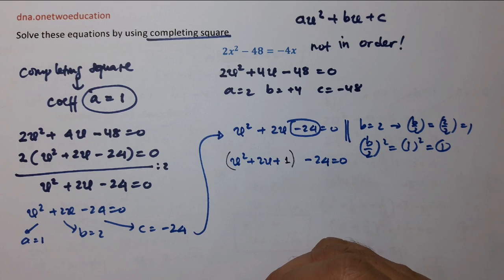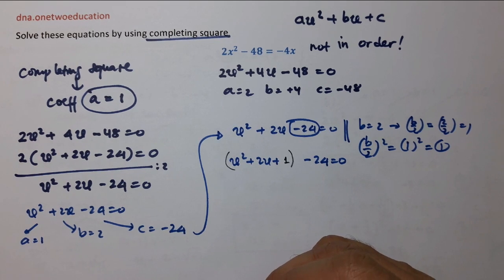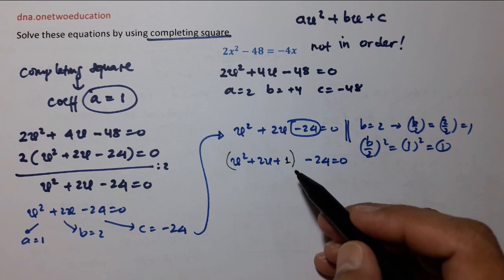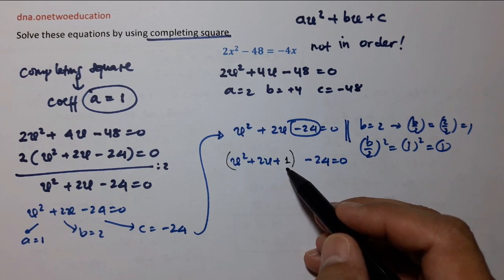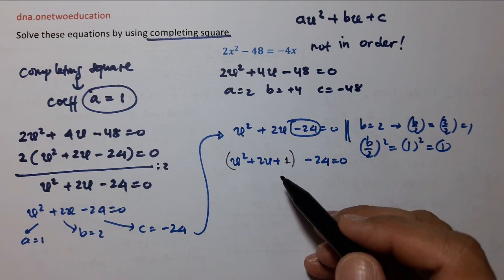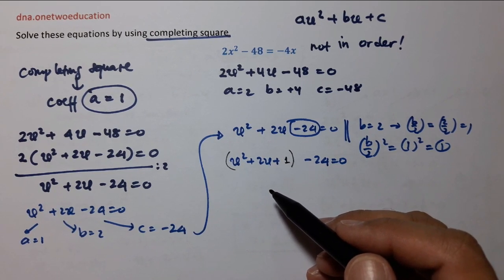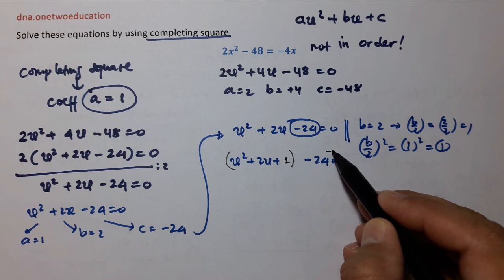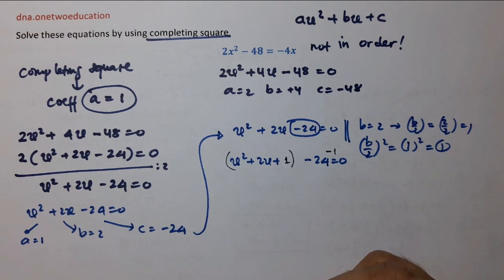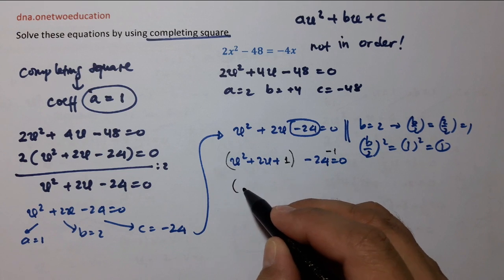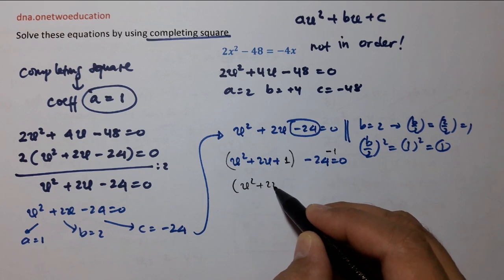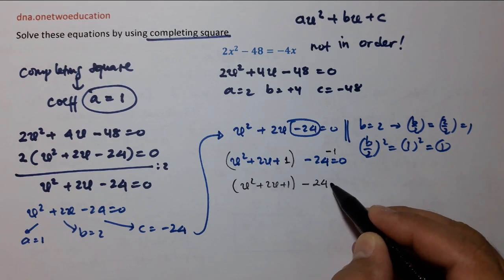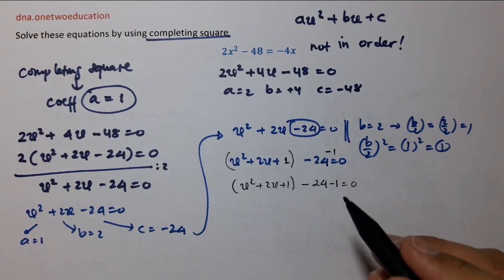And then how to modify the expression without changing the value? Because you put 1 in the bracket, to keep the value unchanged, you have to write here minus 1. Next, x squared plus 2x plus 1, minus 24, minus 1 is 0.